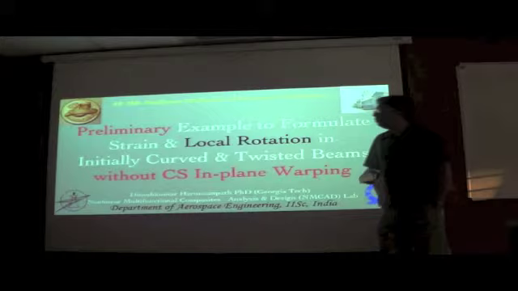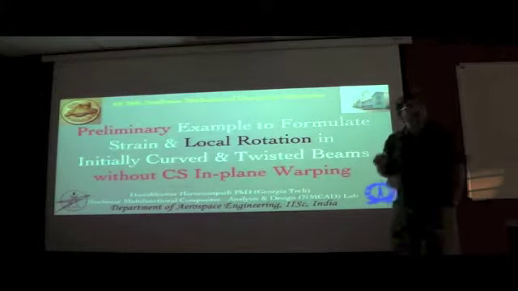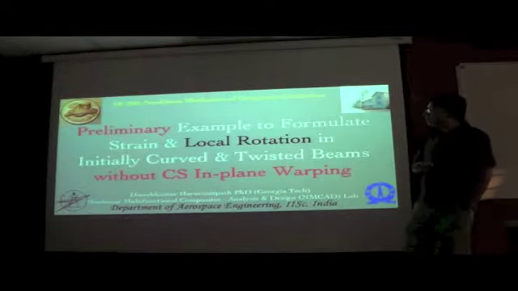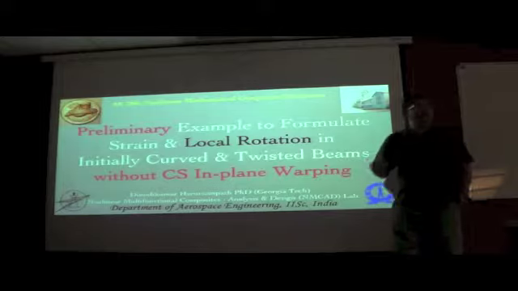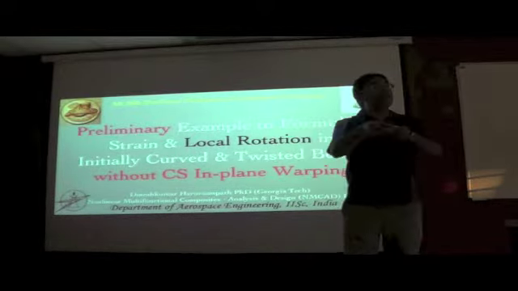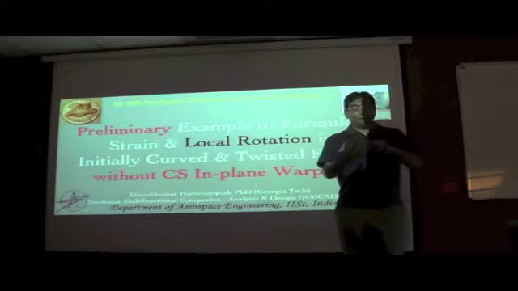So what is that major restriction that we are bringing in to keep things simple or tractable for a classroom kind of an explanation? We will say that there is no cross-section in-plane warping. In other words, when I extend this, for example, there is a Poisson-like effect. Those kinds of things are ignored here. Only the out-of-plane warping is taken into account.